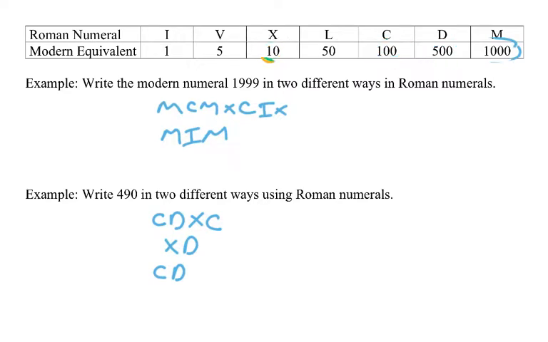To get 90, you could start with 50 and then do 10 less than another 50 to get 40 more. And so you could say CDLXL. And actually, there may be even other ways that this number could be written. At least 3 different ways to write the same number.